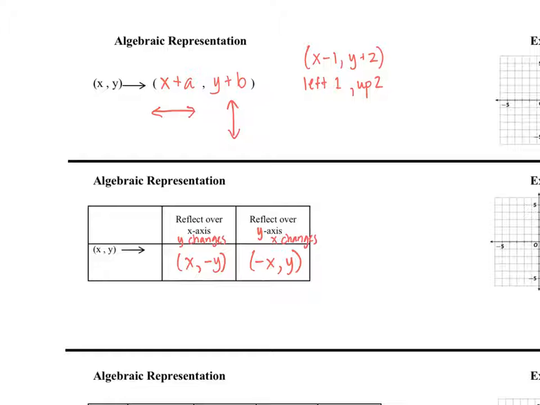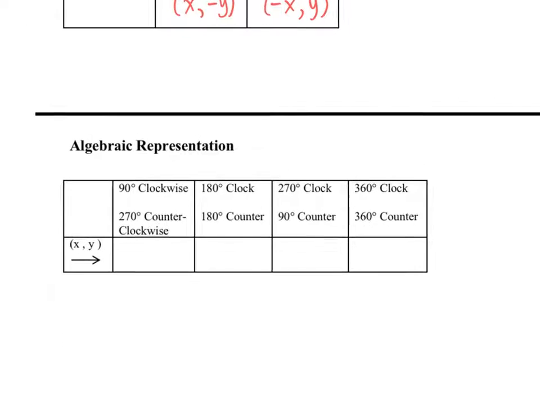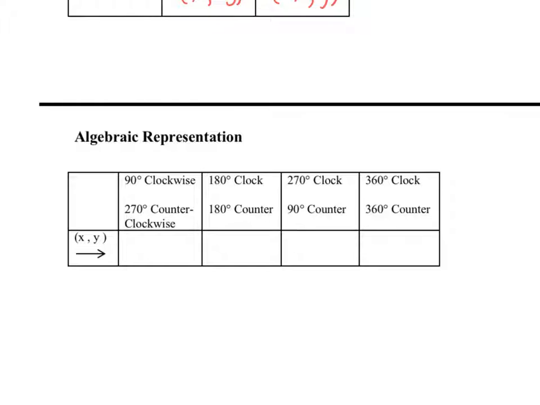And then the last one is a rotation, which I believe is one of the toughest ones to visualize. So make sure you make use of the whiteboards and also the transparencies. You will be able to use that during the test. So if we start off with x comma y, then we're doing 90 degrees clockwise or 270 degrees counterclockwise, remember, is the same thing.